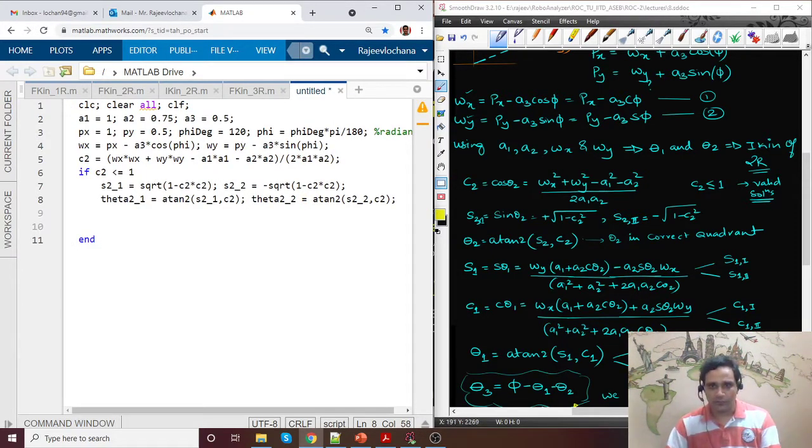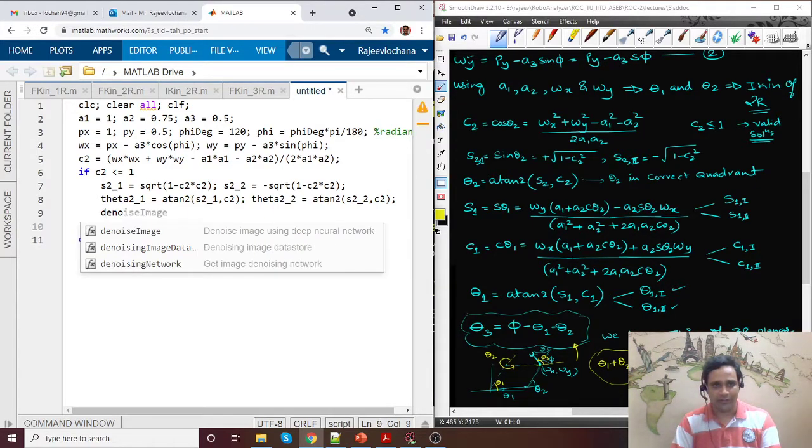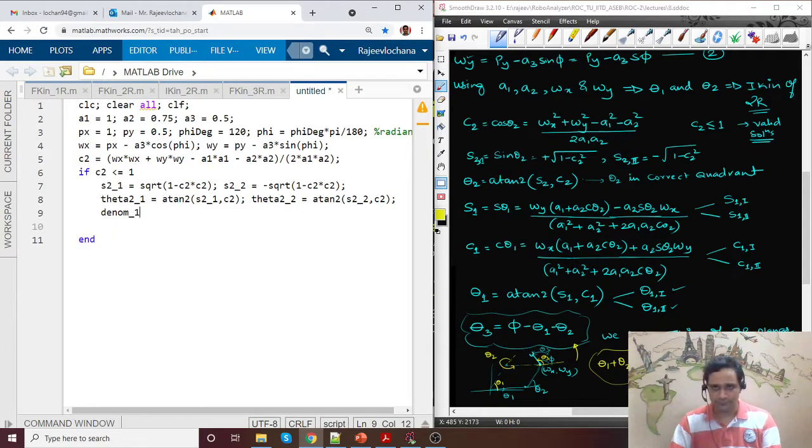Okay. Now theta 2 has been determined. We'll now have to get the s1 and c1 terms, and both of them have a common denominator. So I'll have denominator underscore 1, right?